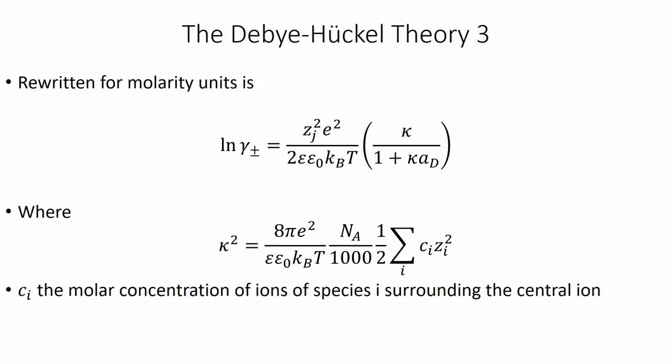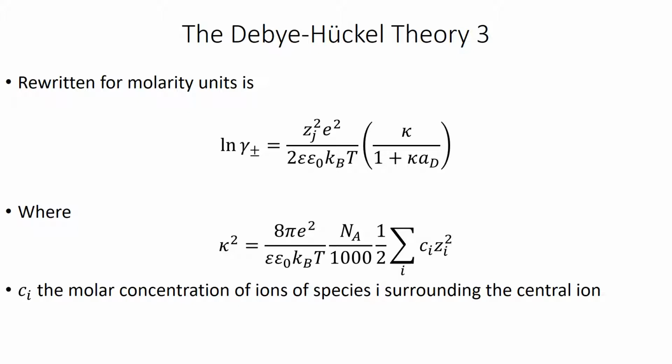However, when we do experiments, we don't tend to do things in rational units. We tend to do things in either molars or molality. Here is the equation for molarity. You get the same equation as before, but you adjust the kappa term to include Avogadro's number.